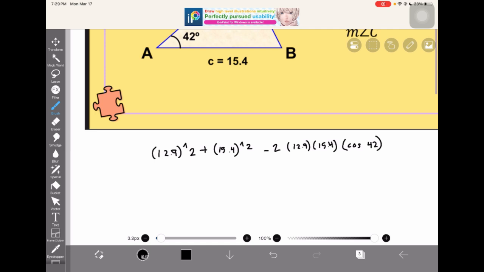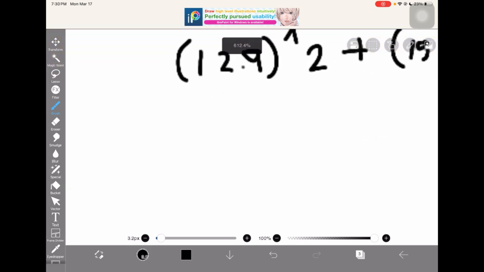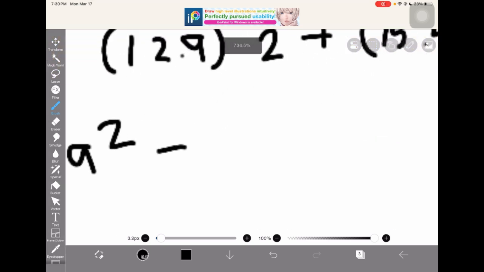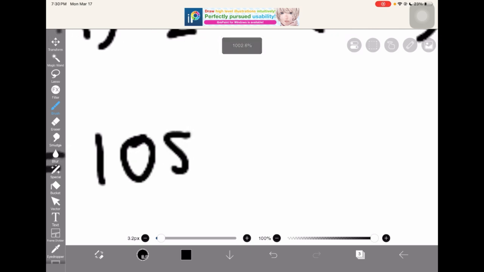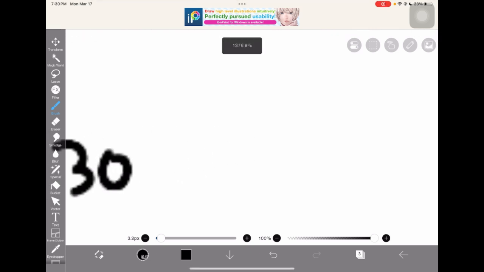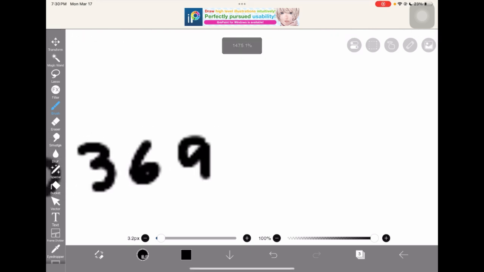Minus 2, 12.9 times 15.4 times cosine of 42. And after solving that, we get that A squared is approximately 1083036,979.